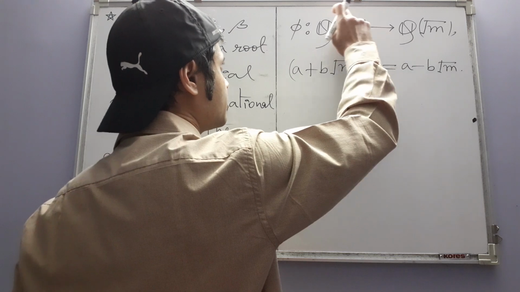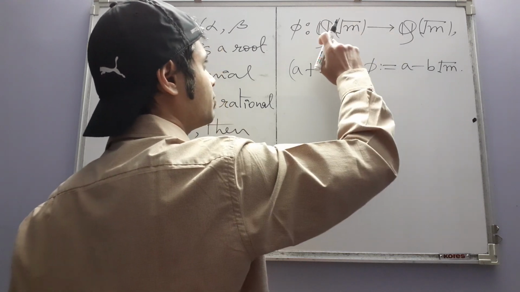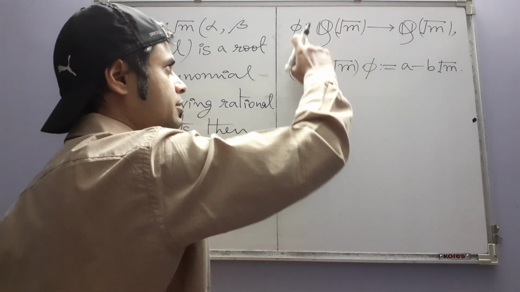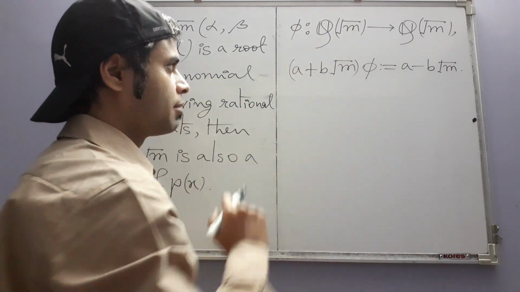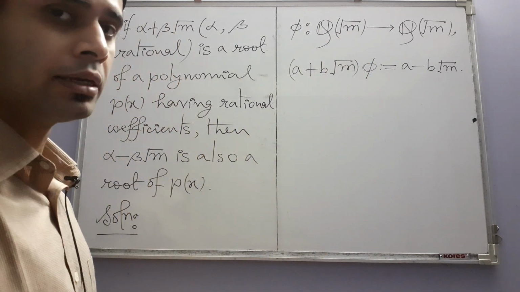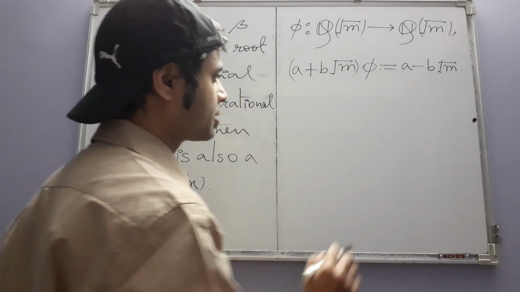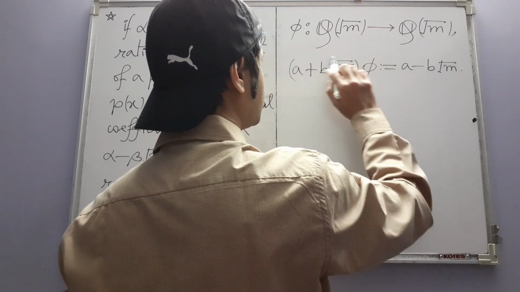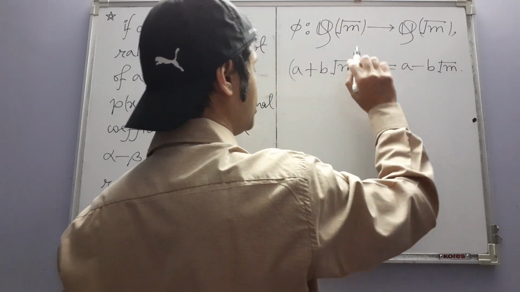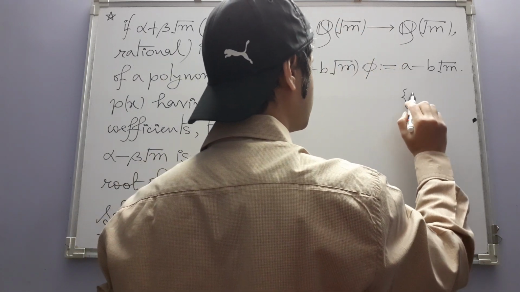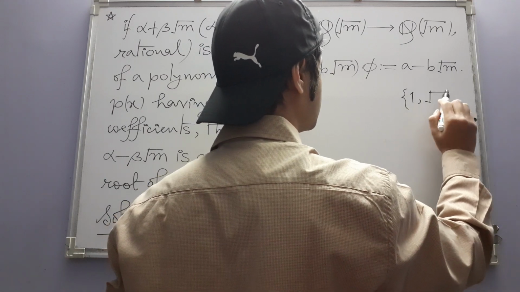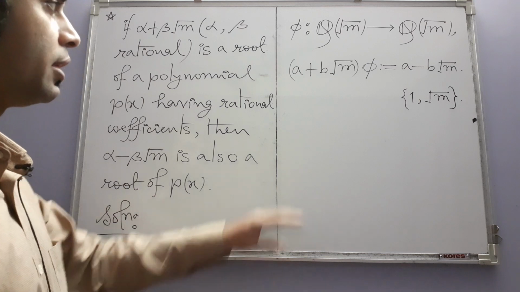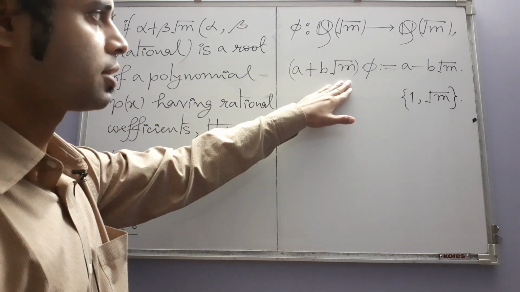So this is a degree 2 extension of the field of rational numbers Q, and the general element in this extension looks like this, a plus b root m. Why? Just like that previous cube root of 2 case, as a vector space over Q, this space has this basis. That's why the general element here looks like this.